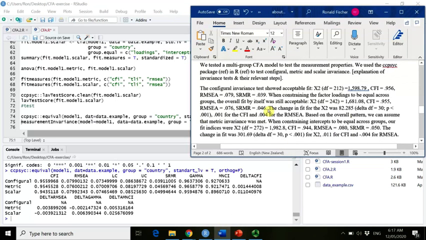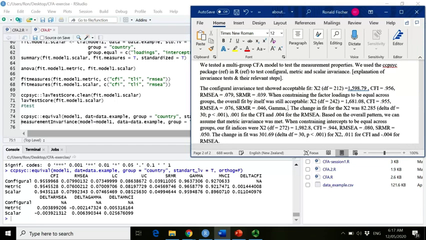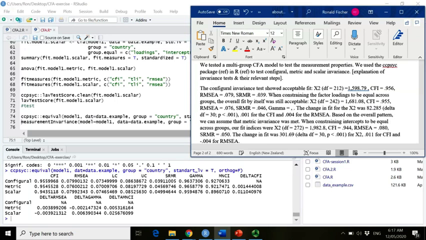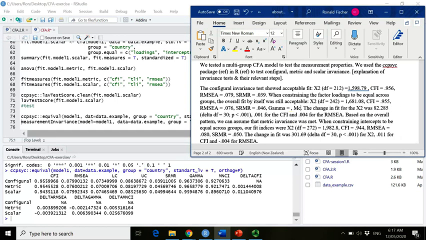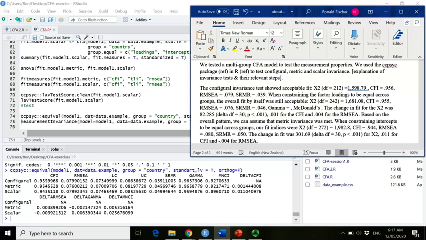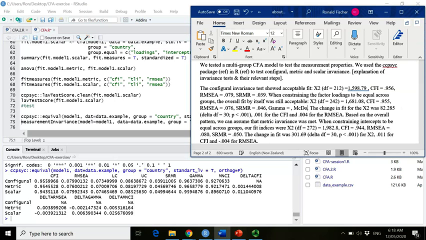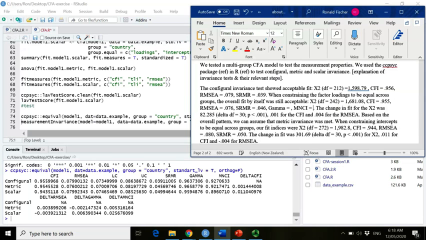So if we wanted to, and it's up to you, you could actually, for all of these indices here, include gamma up here, and McDonald's non-centrality index, or we could just say MNCI equals the change in fit. So we would need to include the change in fit for these other two indices, right?